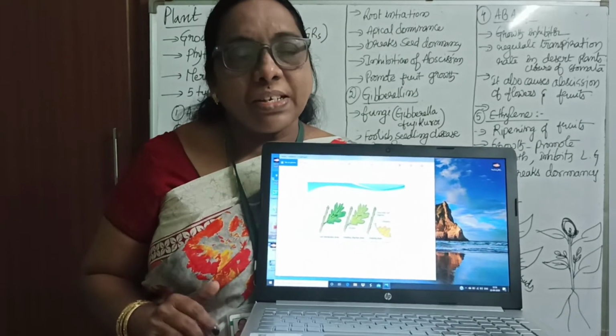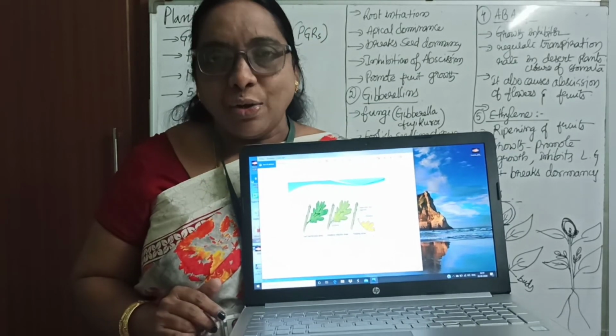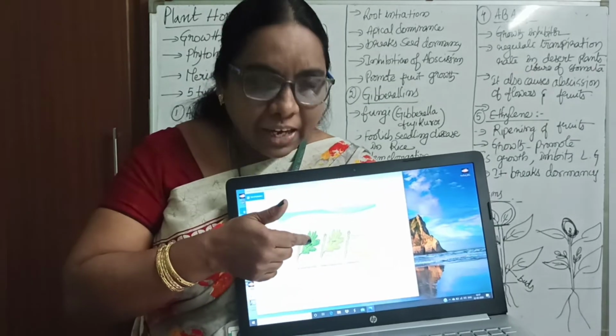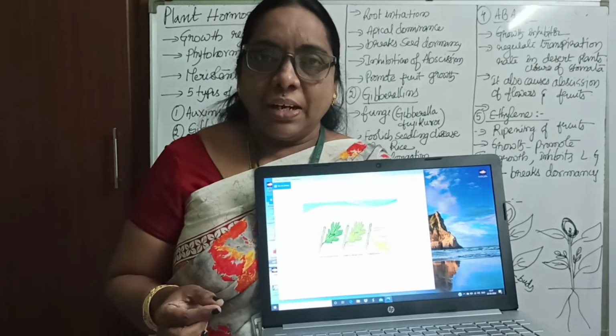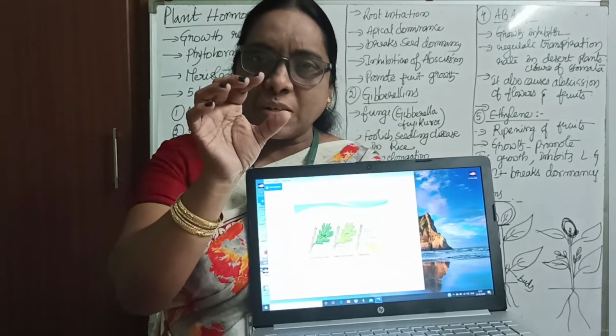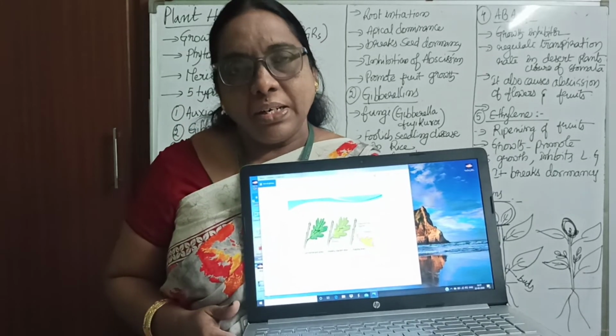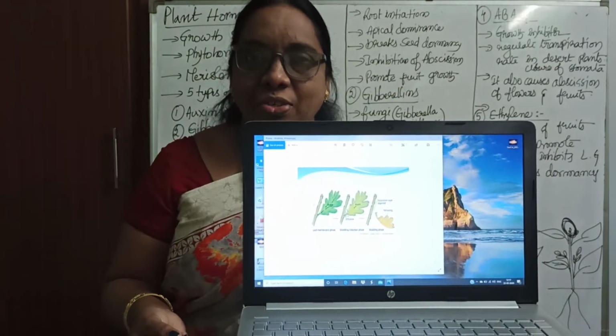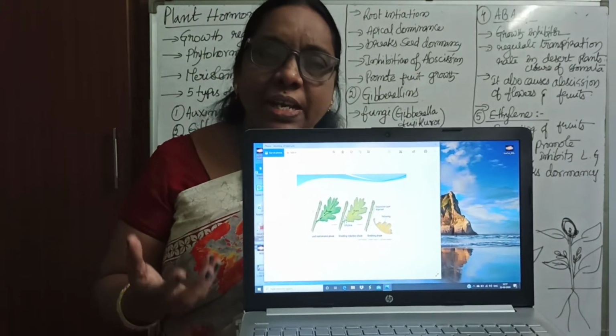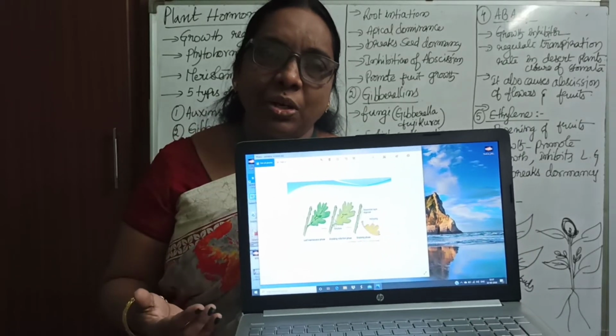But nowadays, due to the deficiency of auxins, what you are observing is that even though the leaves are green, even though the fruit is unripened, small unripe guavas fall under the guava tree, and the younger leaves are shed. If this happens, what will happen?